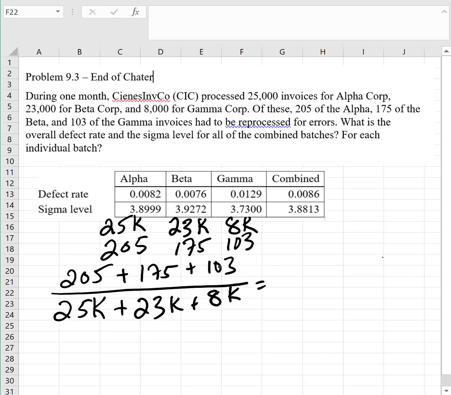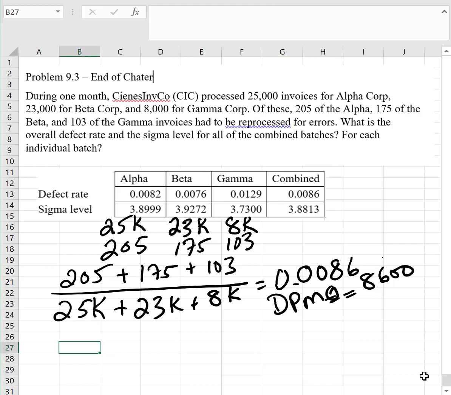And that gives us 0.0086. So defects per million, DPMO, would be 8,600.